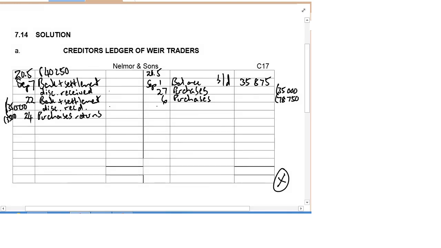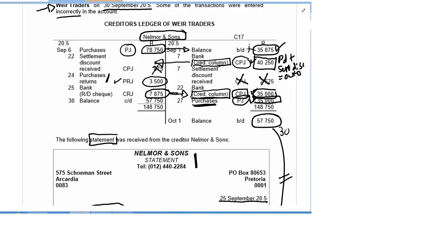I'm going to say on the 25th, we will debit bank because there was an RD check. And the amount of that RD check is 7875. Okay. And then they have a balance. So what I've done now is I've made a note of all of the transactions that do belong in the creditor's account, and I've posted them to the correct side of the creditor's account.